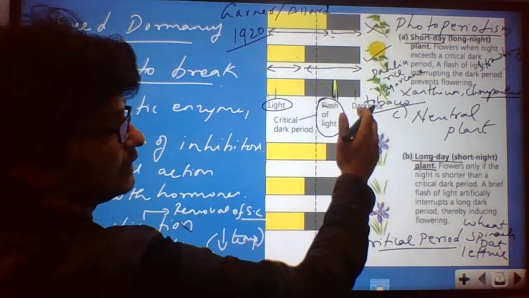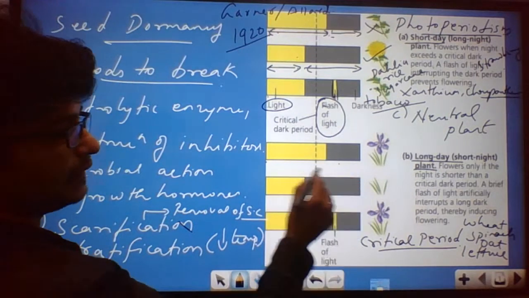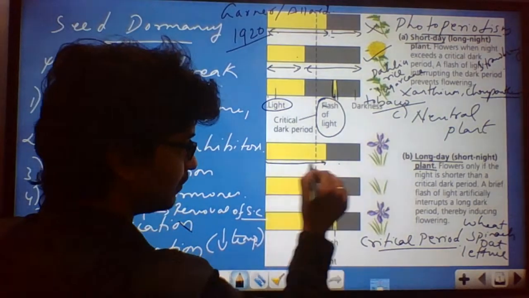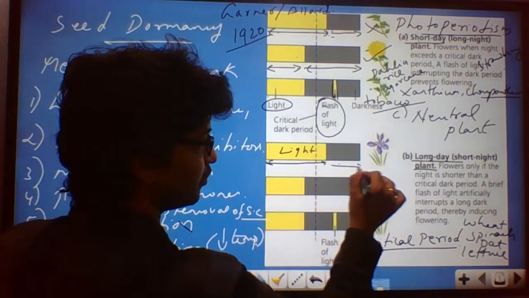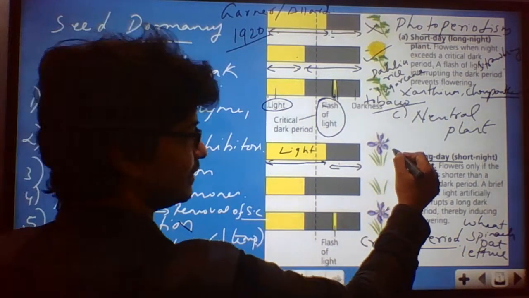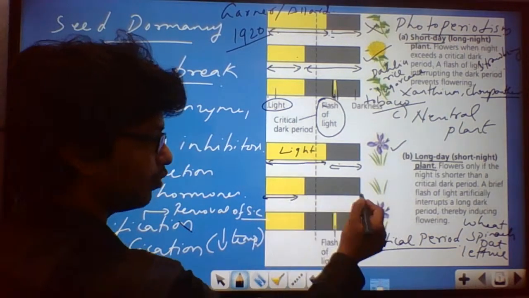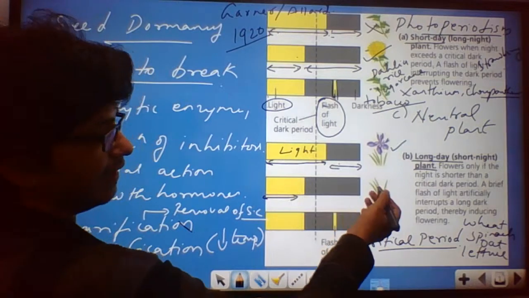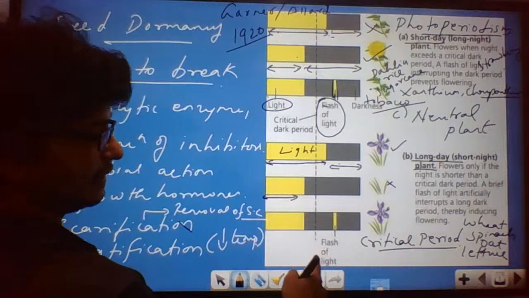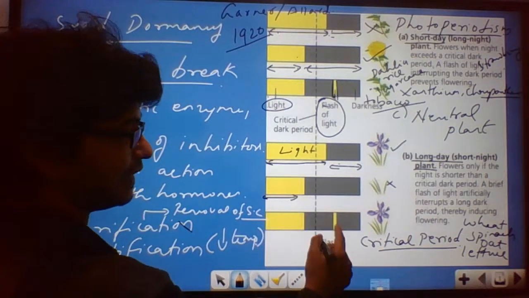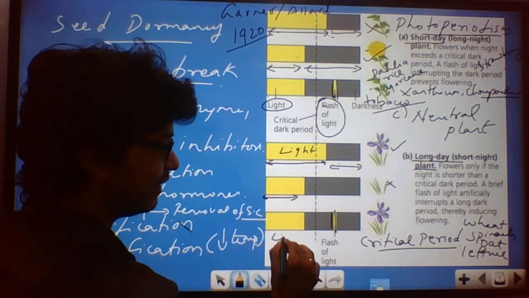This is the experimental setup. Coming to the long day plants, they require more light and less darkness, so it induced flowering. In the vice versa condition, when there is less light and more darkness, again there is no flowering. But in the third experimental setup, where a flash of light has been passed in the dark zone, the factor is light.